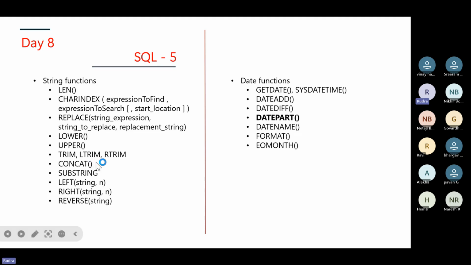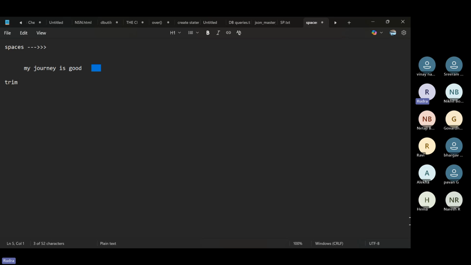CONCAT, if I want to concatenate one or two columns into a combined column and rename it to something, then I will be using this CONCAT function. SUBSTRING is if I want to extract a particular portion from the total, then we'll be using the substring function. Suppose I see the substring of this one, comma, 5, comma, 3.